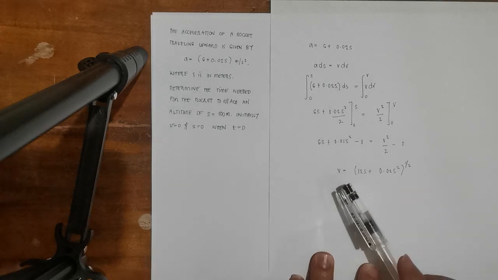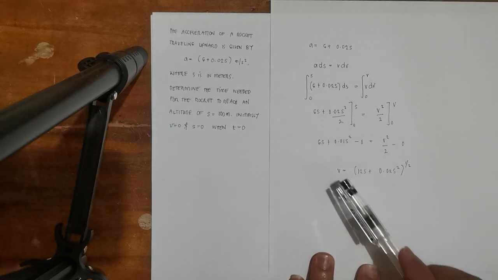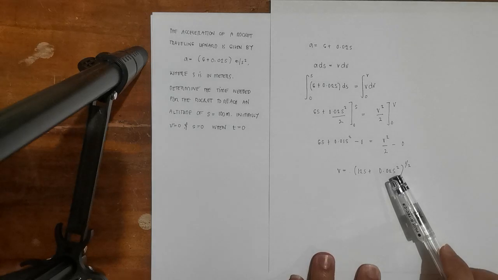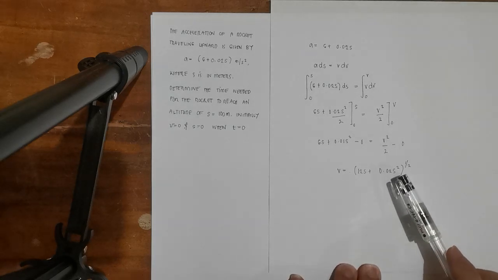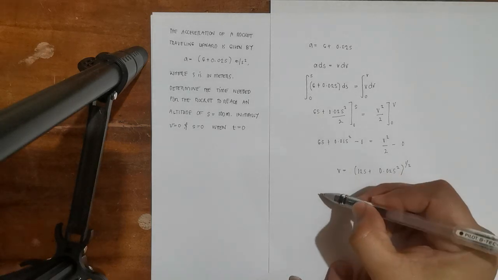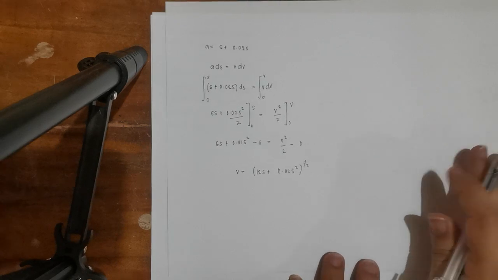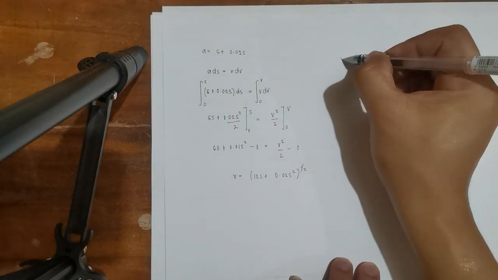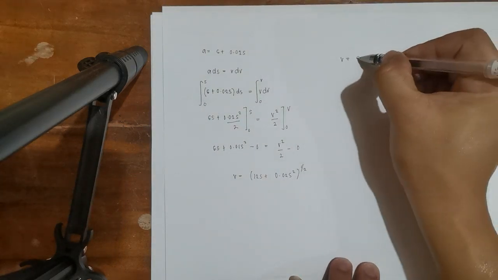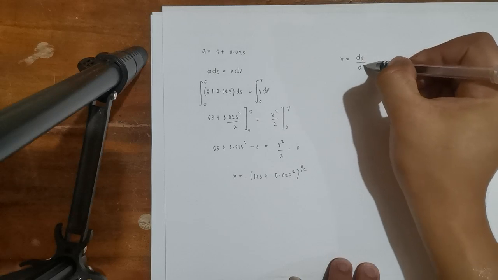So paano natin ma-relate yung time kay velocity and position? So we have to use another kinematic differential equation. Ano yun? So relating those parameters, we can use v is equivalent to ds over dt.